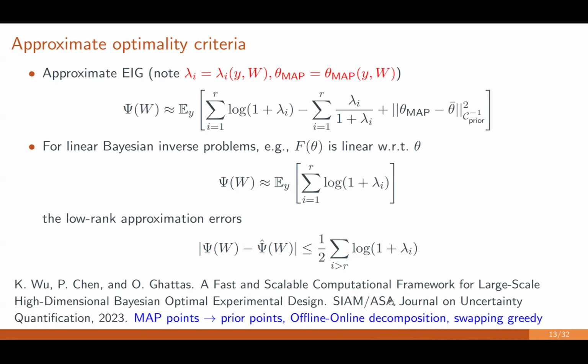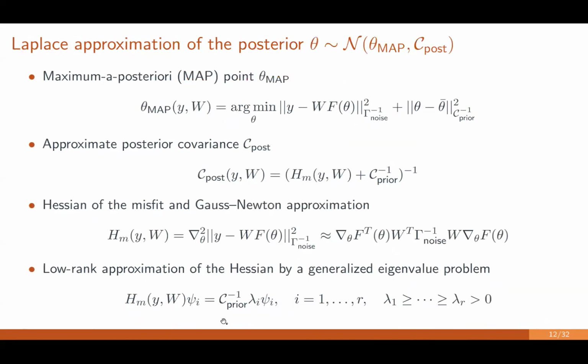For nonlinear problems, you have to compute the MAP point, and the MAP point will now depend on the data. For this linear part, when you compute this lambda, you need to compute from the random samples, like randomized SVD, so lambda are random.